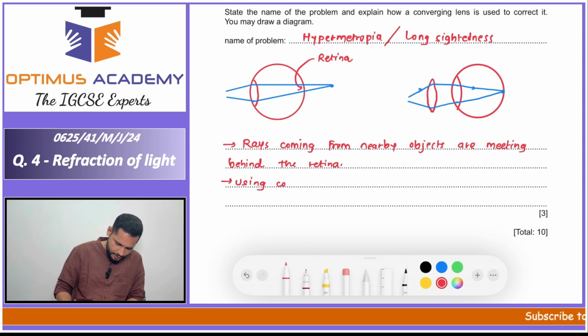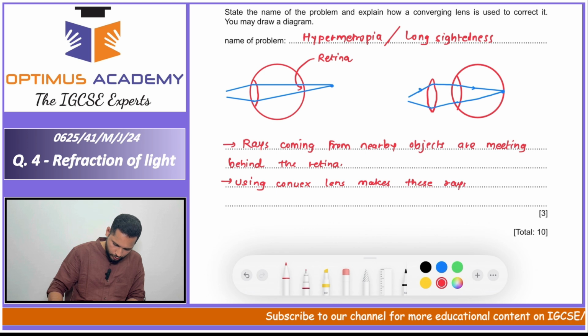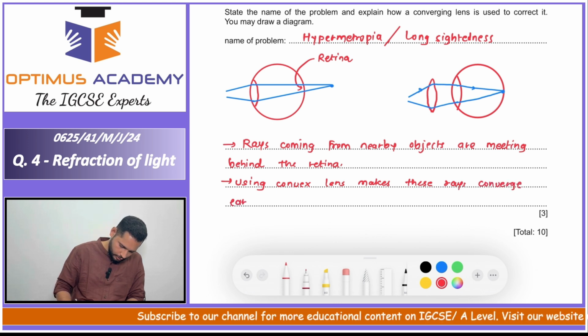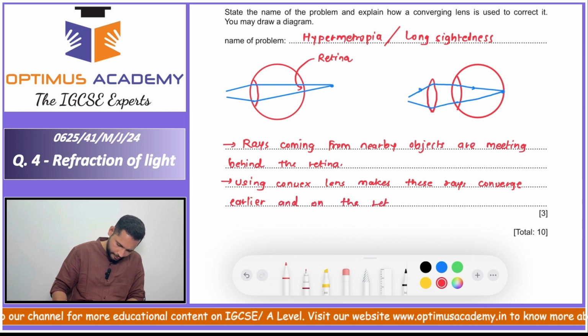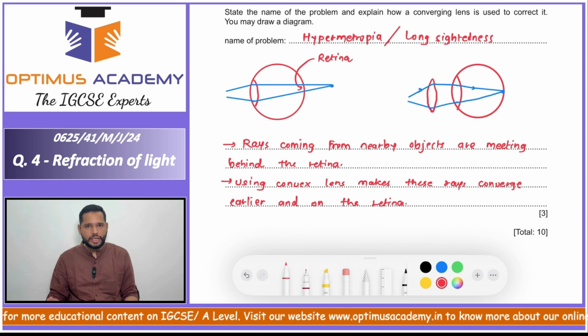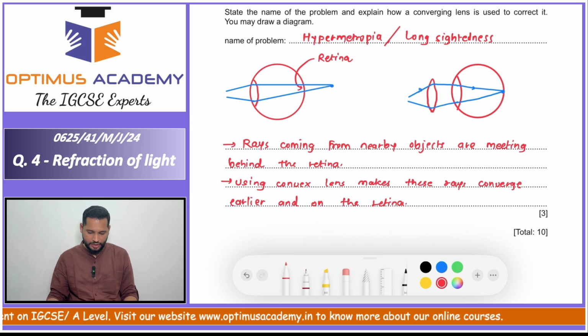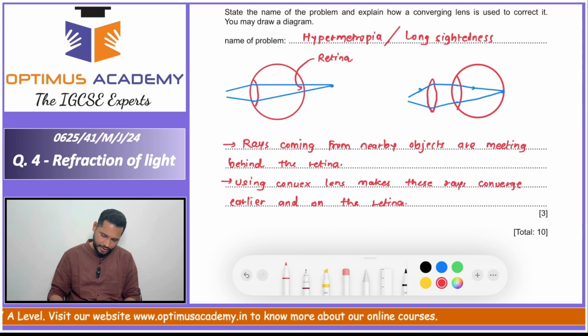Using a convex lens makes these rays converge earlier and on the retina. So since now the rays are meeting on the retina, we will be able to see the objects clearly. The person having this defect will be able to see the objects clearly.